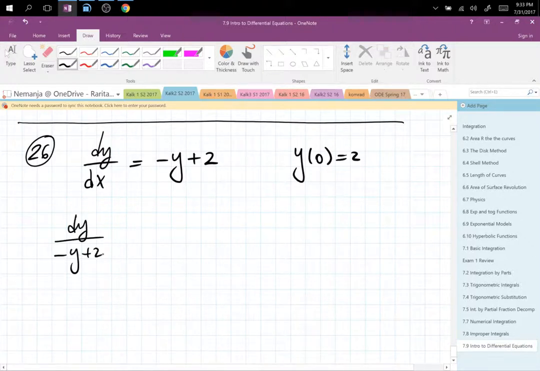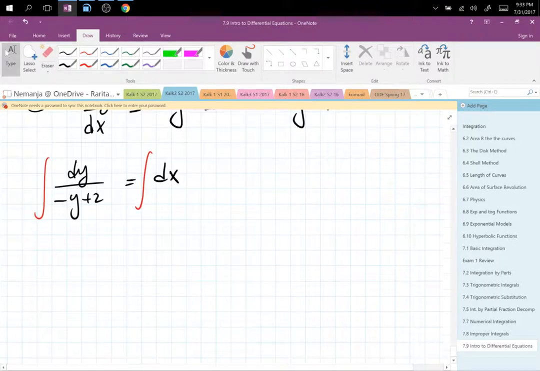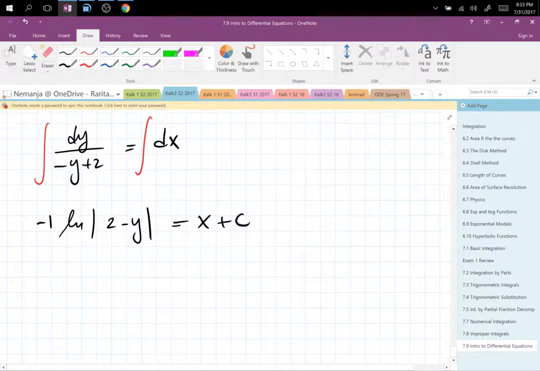So we hit both sides with the integral, we get ln of 2 minus y, and then we have a negative 1 in front because of the u sub, equals x plus c.